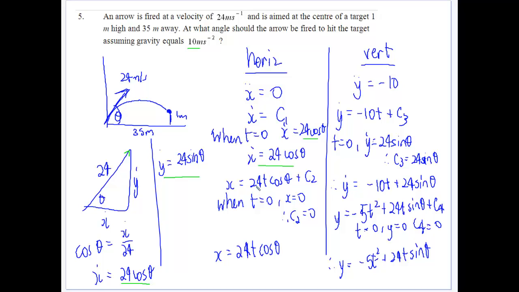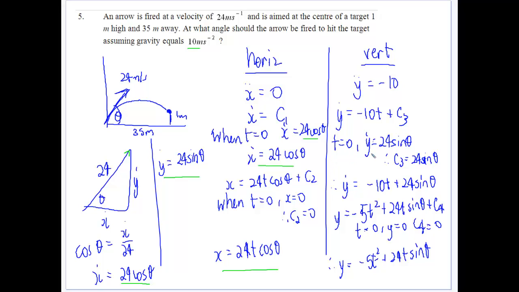The position statement would be 24t cos theta plus another constant. Again, we're starting at the origin, so the constant is 0. There's our position, 24t cos theta. Then the acceleration due to gravity is minus 10, so vertically it's acting in the negative direction at a constant rate. Our velocity would be minus 10t plus a constant.